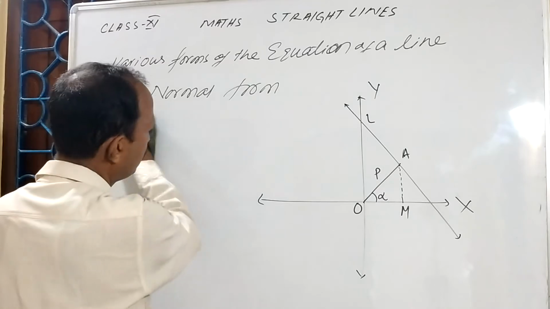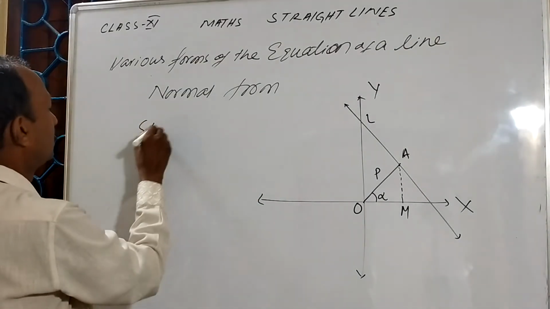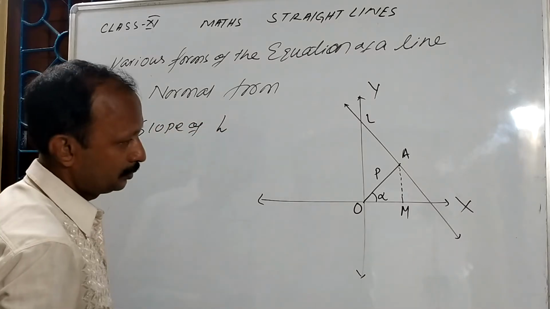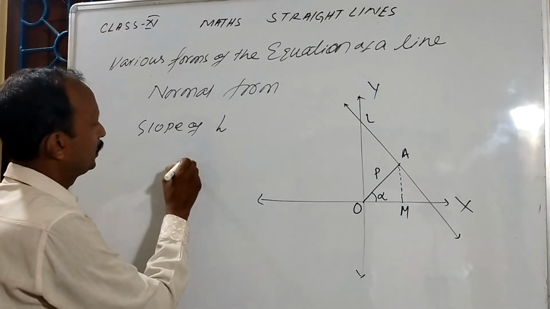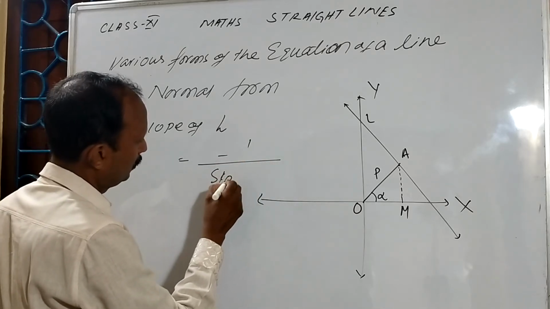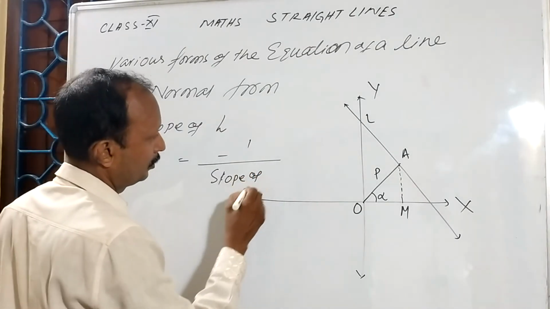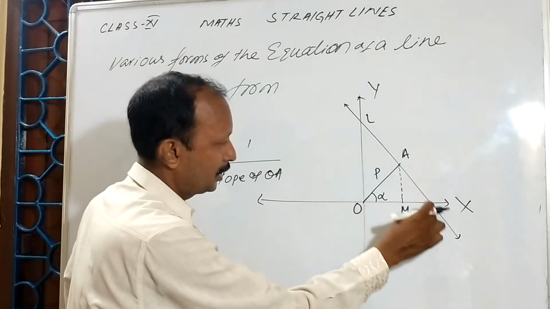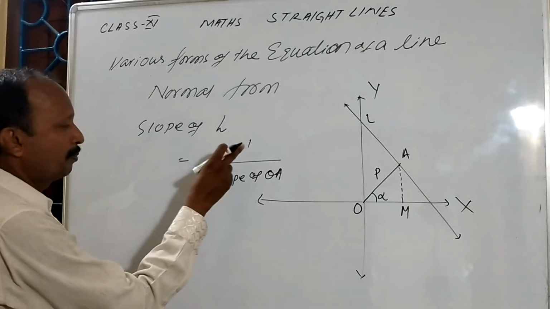So I can say that the slope of the line L is equal to -1 divided by the slope of OA. This is a line, this is a line, both are perpendicular, so the product is equal to -1.